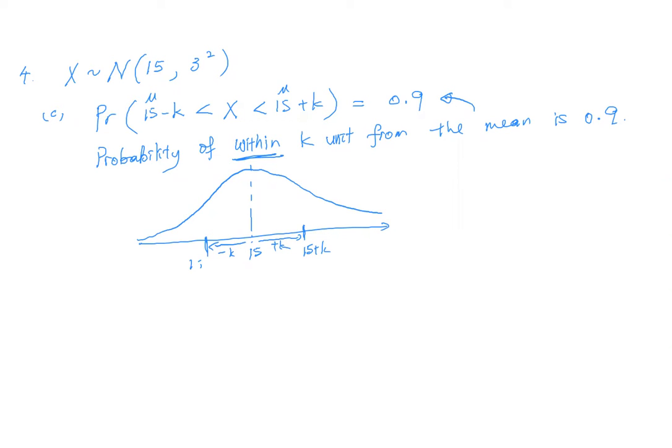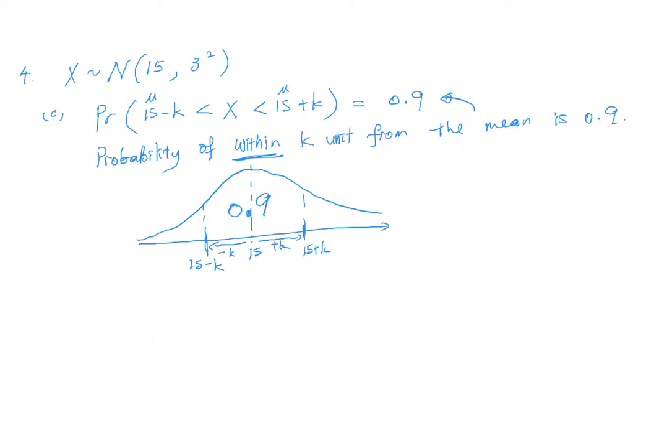Clear? That is the meaning of within. So they give you that this area is 0.9. So it's symmetrical. Equal unit to the left, equal unit to the right. So that is the meaning of within.